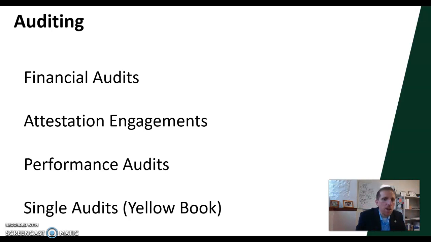So a little bit to help draw some differentiation between the different types of services that we might be requesting as a governmental agency. Financial audits, okay, that's a full-blown financial statement audit.